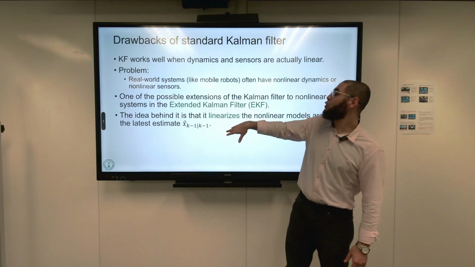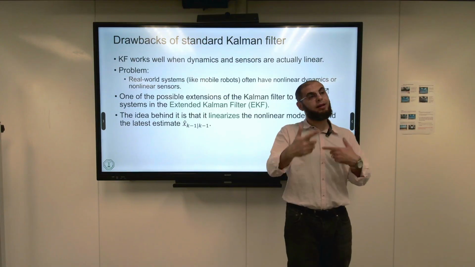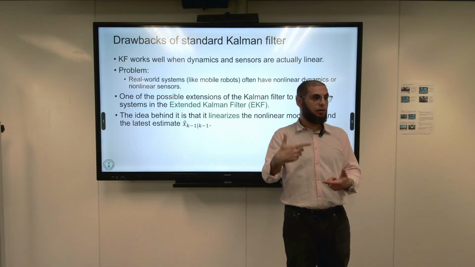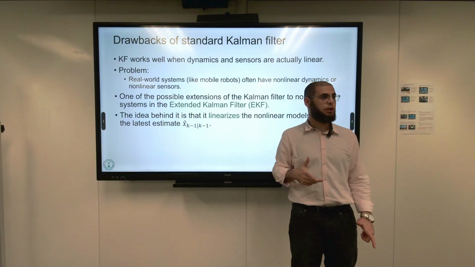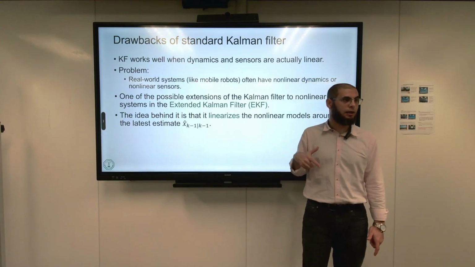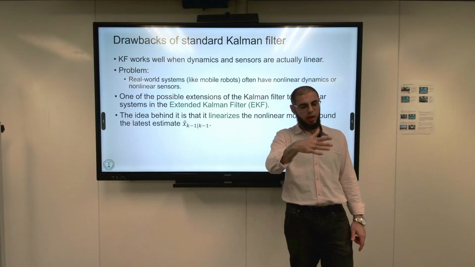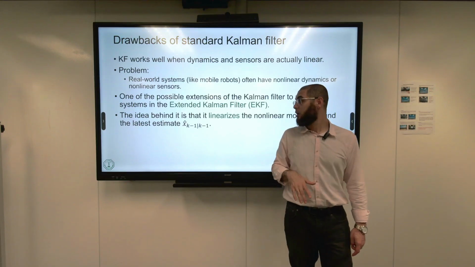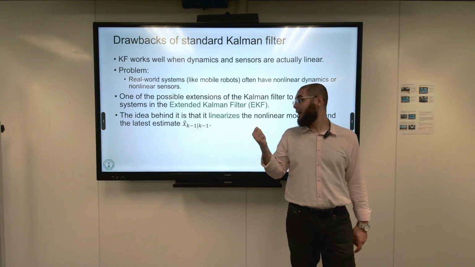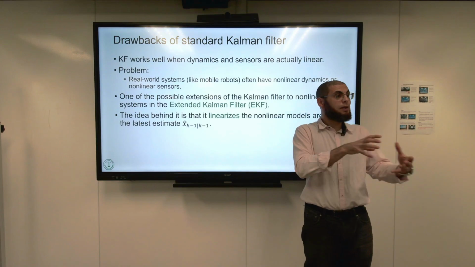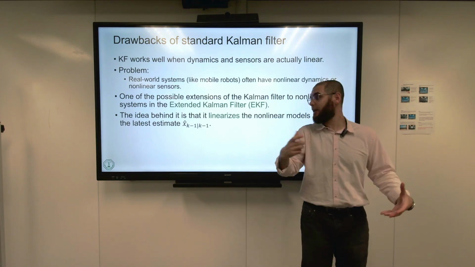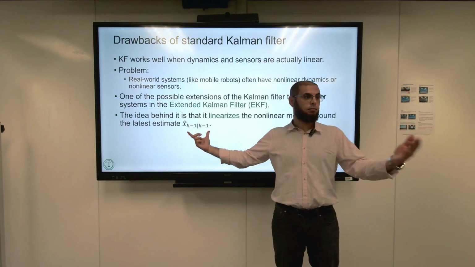The way you can do it is either to numerically compute the Jacobian every time by automatic differentiation, using some libraries online that you can implement in your robot. Or you can compute the Jacobian symbolically, and then always plug in the latest x hat that you have.